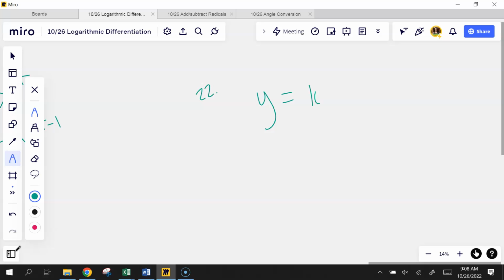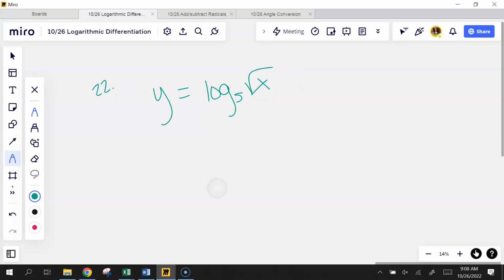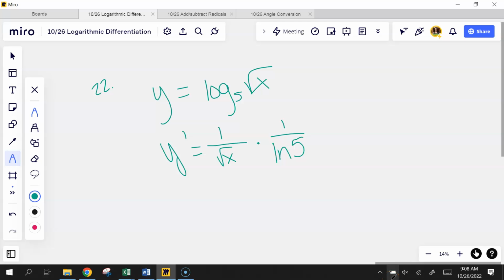Y equals log base 5 square root x. All right, so derivative of a log: 1 over x, so 1 over square root of x, times 1 over the log of the base, which is 5. But now I chain it.